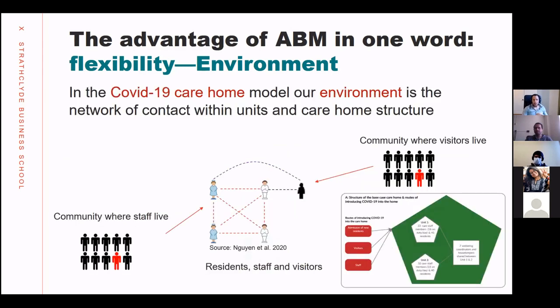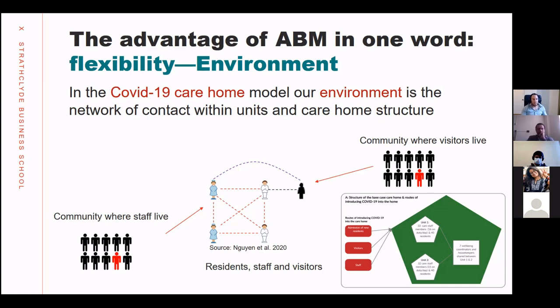Looking at the COVID in care homes model that we have, our environment is obviously a care home, but we look at different types of care homes, including how they're structured in terms of their different units, how different staff work in different units and how those units are connected with each other, and different sizes.